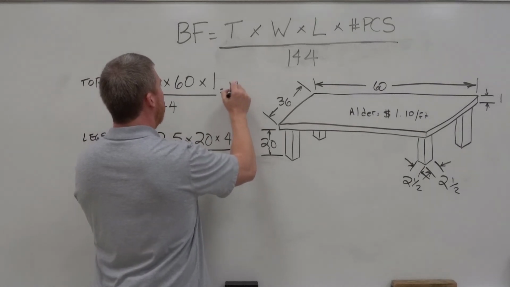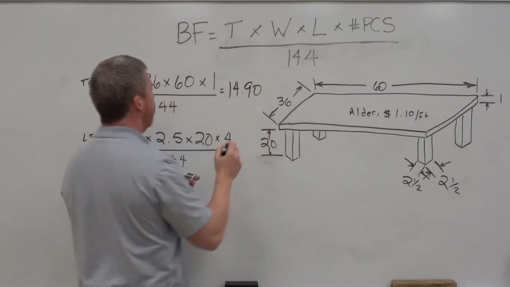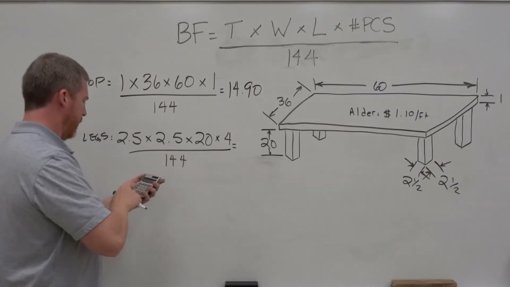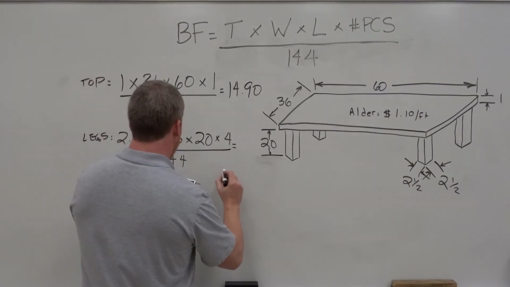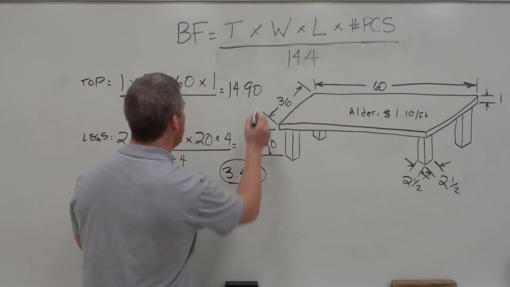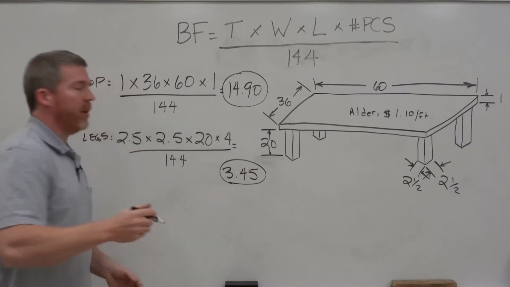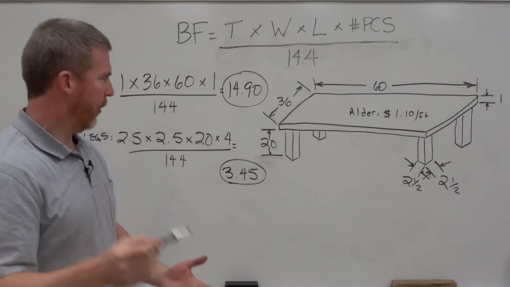The first one, 14.90. The second one, 3.45. So there's one number, there's my second number. Now I wanted to mention this before we add them together.